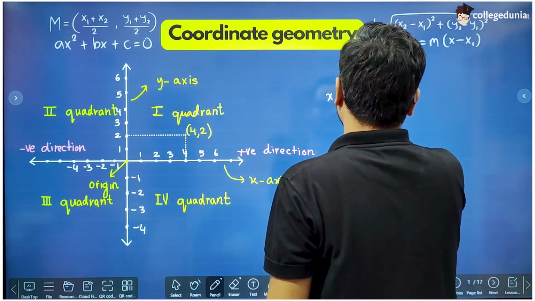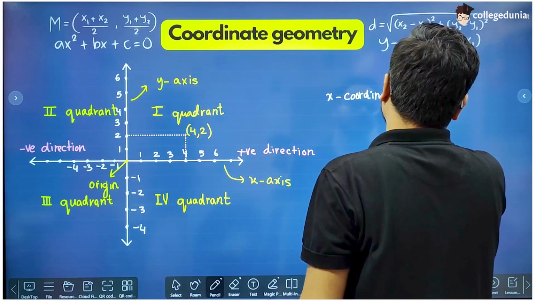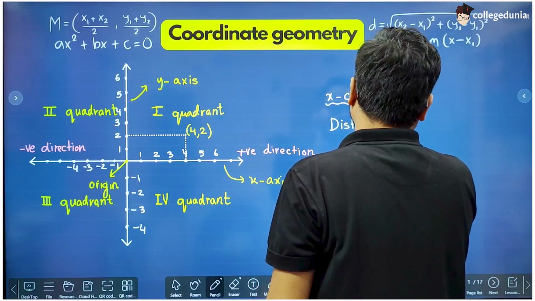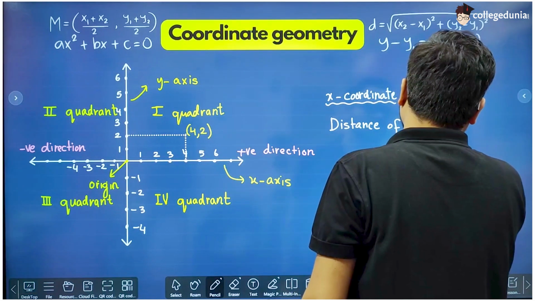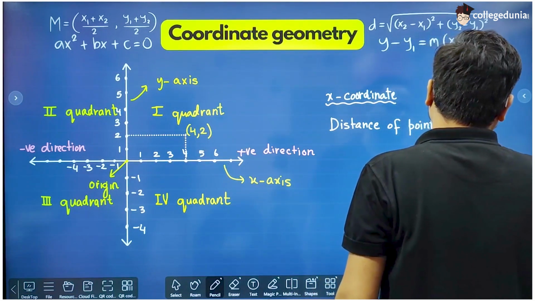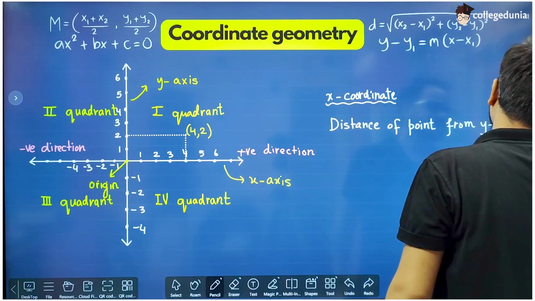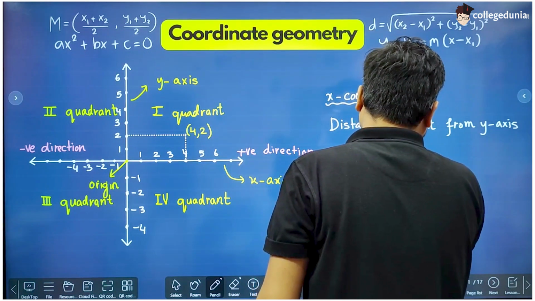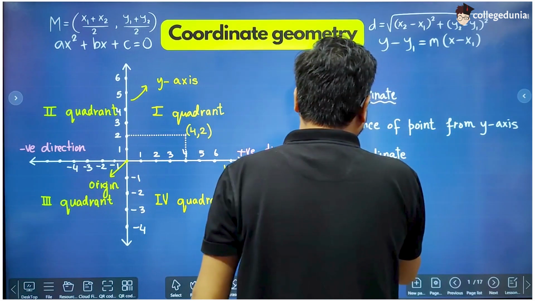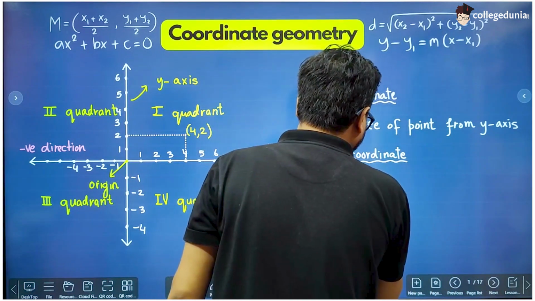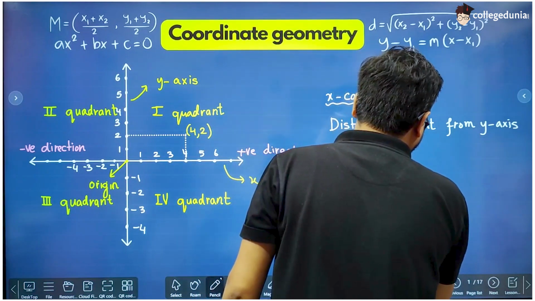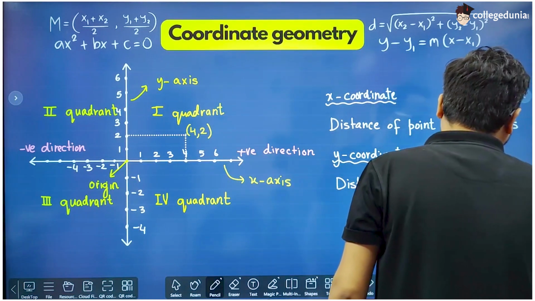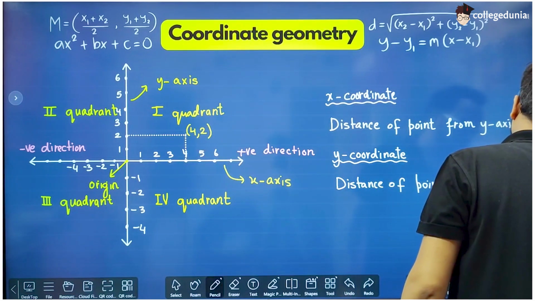So x coordinate is the distance of point from y axis, and y coordinate is the distance of point from x axis.